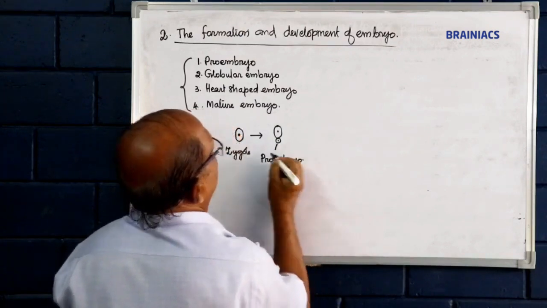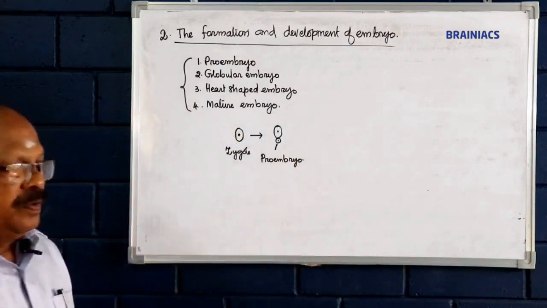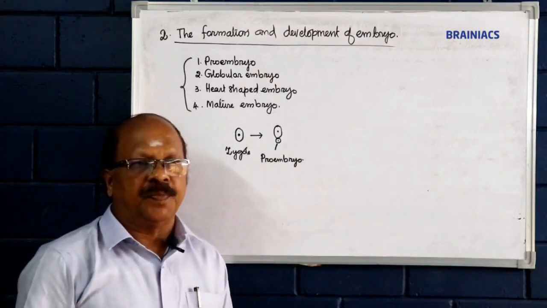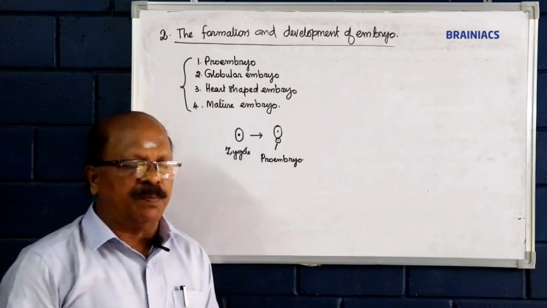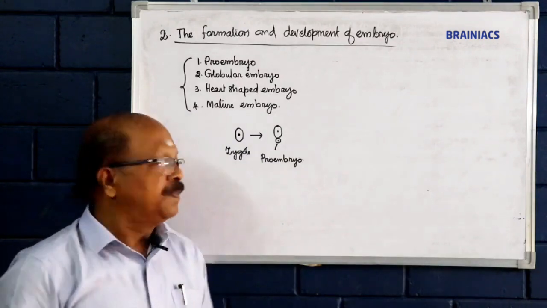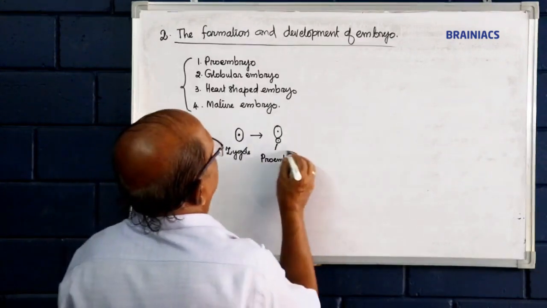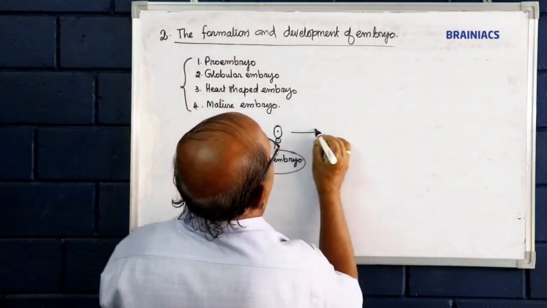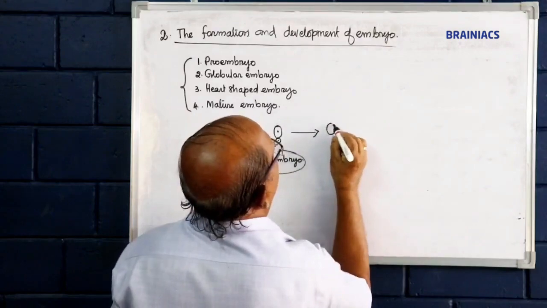The newly formed cell becomes proembryo. It develops to form the proper embryo or embryo proper. And again, two mitotic divisions.